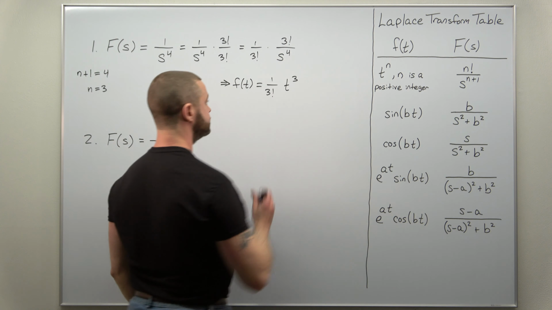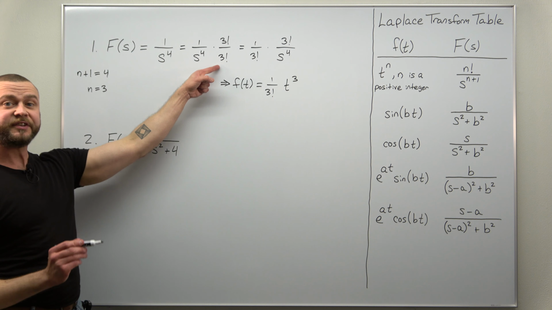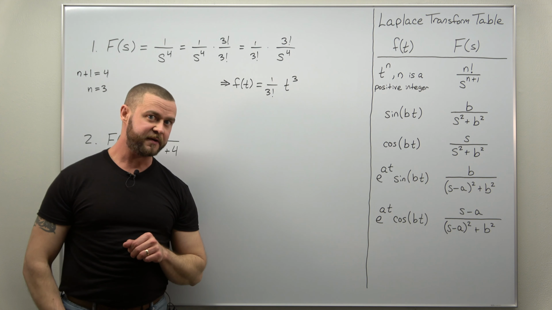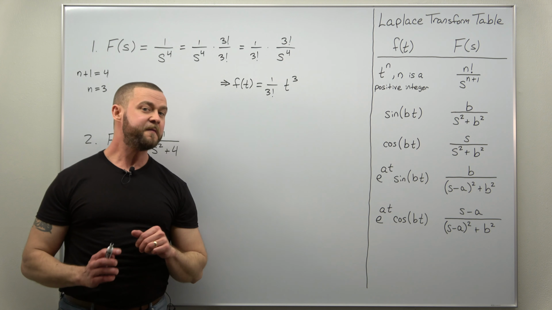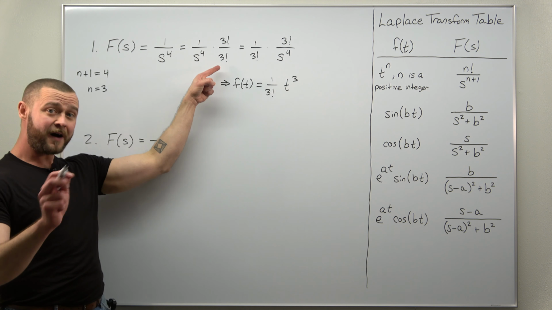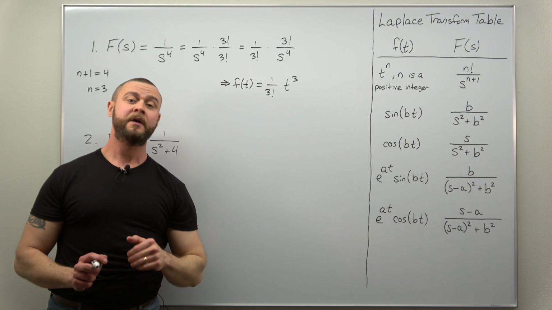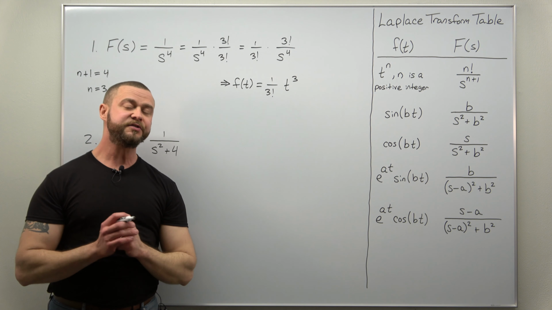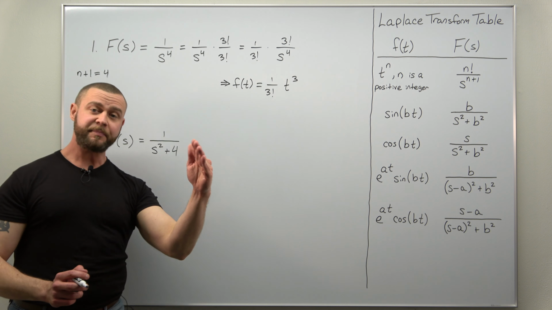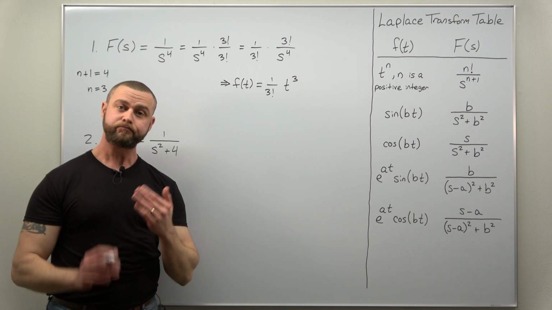The key here was that step of multiplying by 1, 3 factorial divided by 3 factorial. You'll find in other problems you attempt that what you multiply and divide by changes, but that comes from the missing factors. It's always going to be multiplying by 1, something divided by itself.